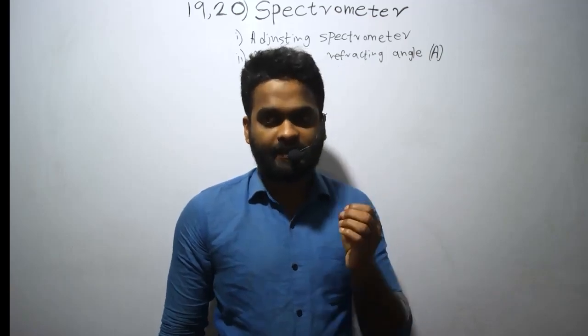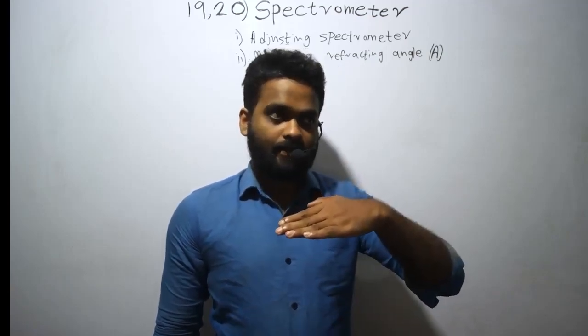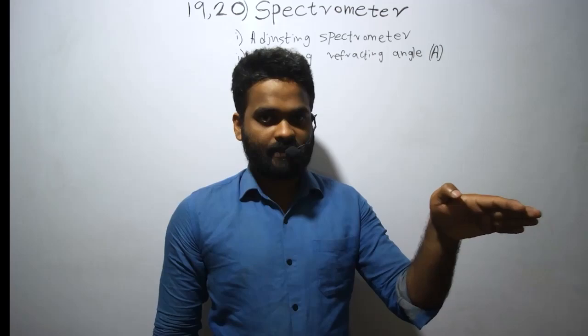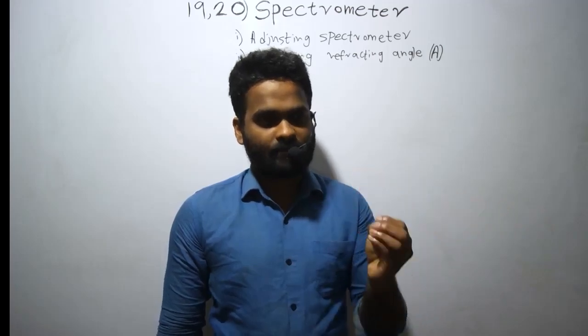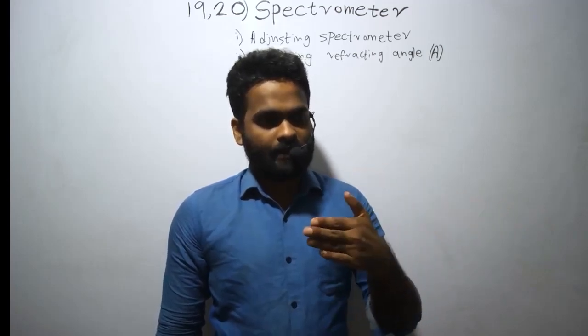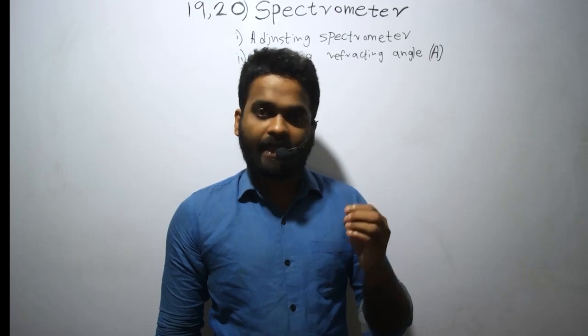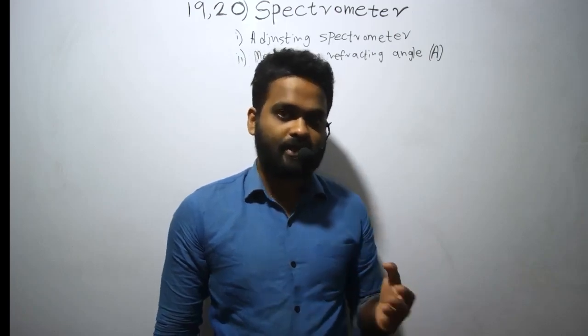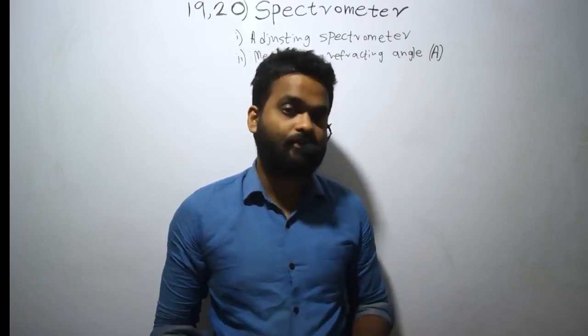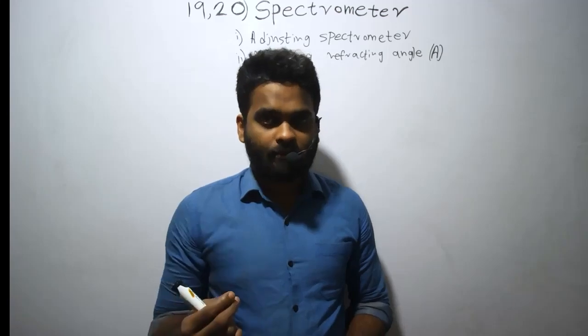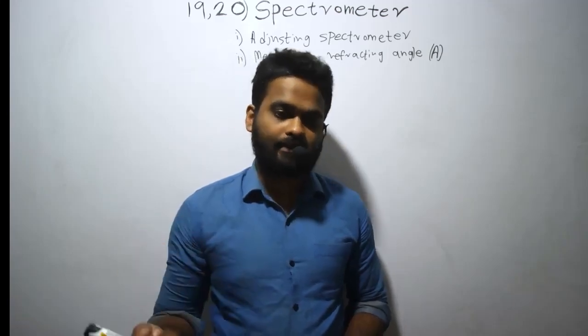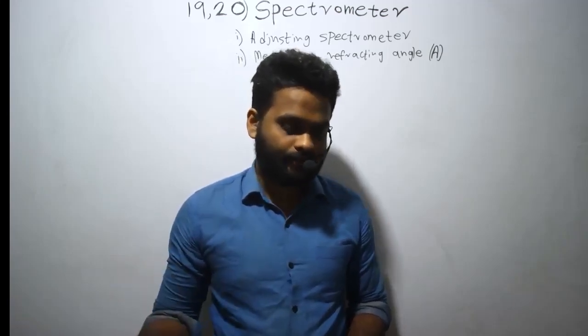You can easily measure angles very accurately using the spectrometer. That's why this instrument is important, especially when it comes to experiments regarding light. Okay.